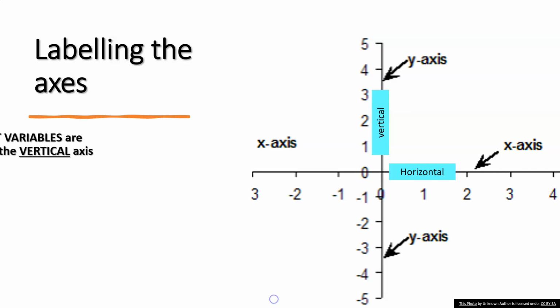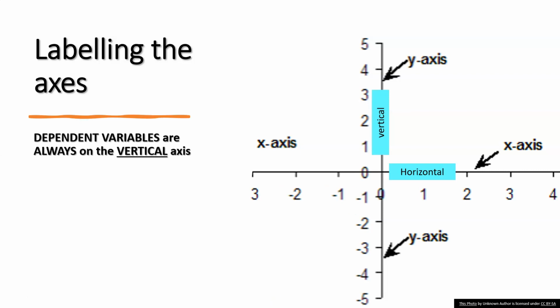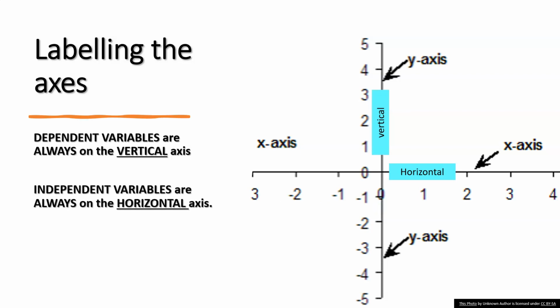The dependent variable always goes on the vertical axis, so the thing that you measured. If you're measuring how temperature affects plant growth, then the thing that you're measuring is plant growth, so that would go on the vertical axis. The thing that you're changing is the temperature, so that would go on the horizontal axis, which is the independent variable.